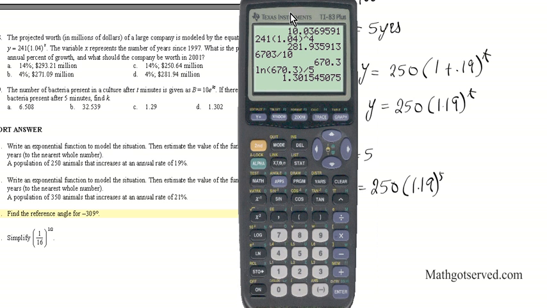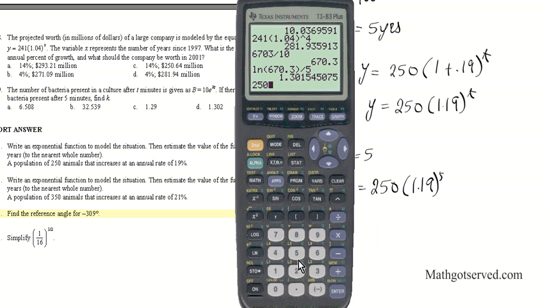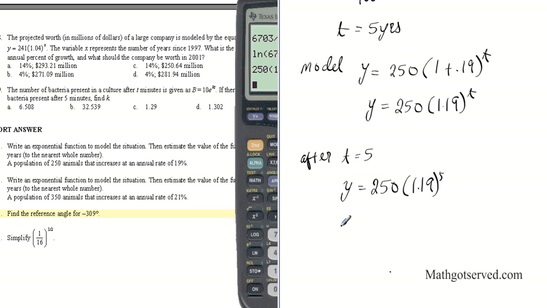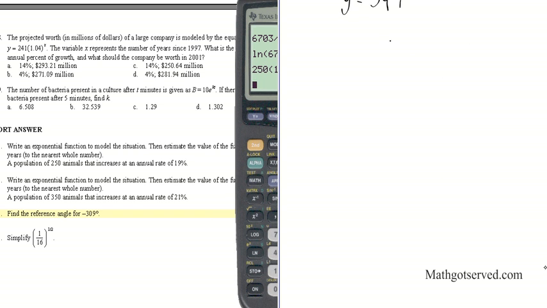So we have 250 times 1.19 raised to the 5th power. The answer is about 597, because we have to round it to the nearest whole number. So y equals 597.